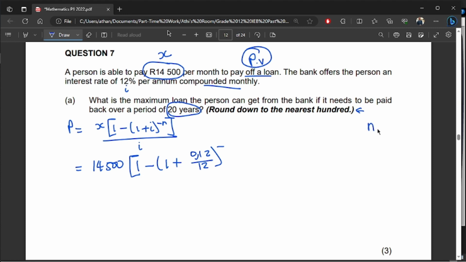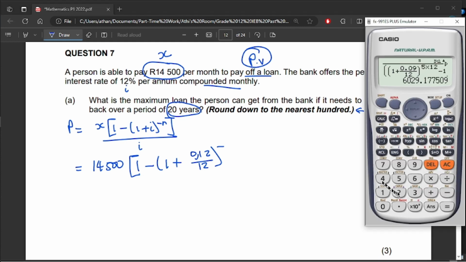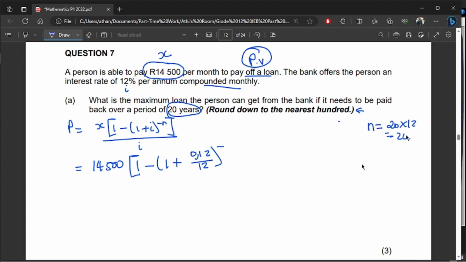So let's make it easy. Our n, guys, is gonna be 20 times 12. 20 times 12 is 240. Then I say minus 240 there.